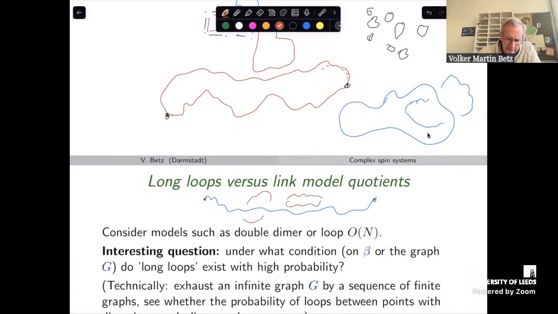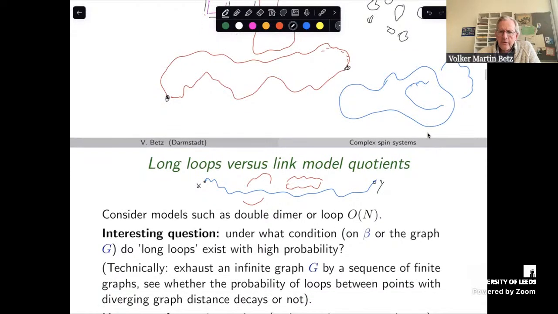But you insist that this has an open loop from X to Y. And you sum all configurations that are like this, and then you compare to all configurations that don't have the open loop. And this quotient, the question is, does this quotient decay, say, summably in X and Y when X and Y are far apart, or does it decay at all?